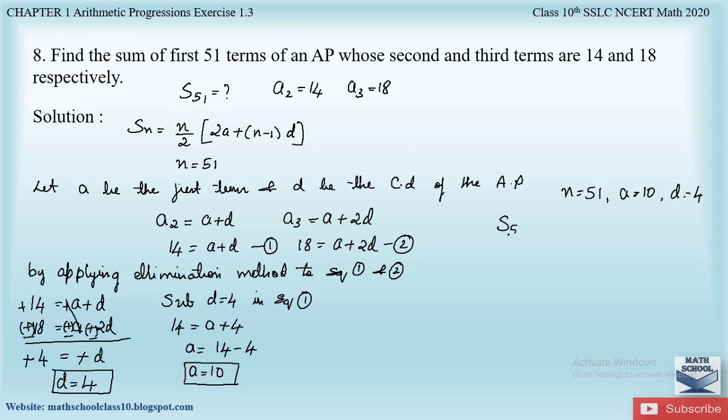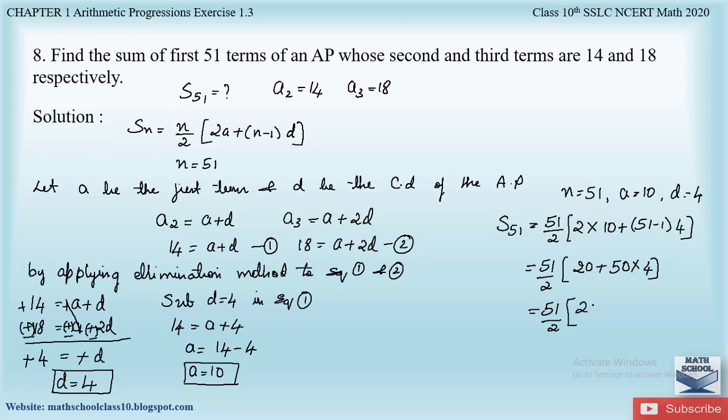So let us substitute these values in the sum formula and find the result. The sum for 51 terms is equal to n, which is 51, divided by 2 into a, which is 10, plus 51 minus 1 into d, which is 4. That is 51 divided by 2 into 20 plus 51 minus 1, which is 50, into 4. So this will be 51 divided by 2 into 20 plus 200, which is 51 divided by 2 into 220, or 2 ones are 110.